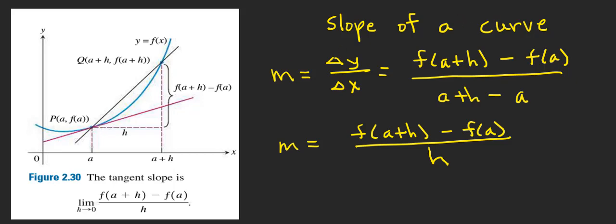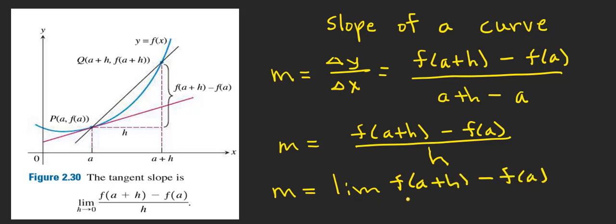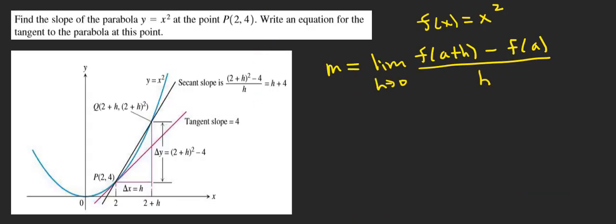That's why the tangent slope will be the limit of f of a plus h minus f of a all over h as h goes to 0.